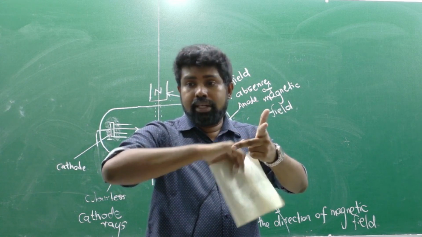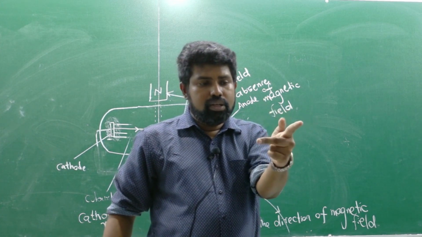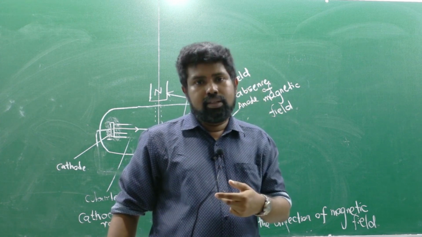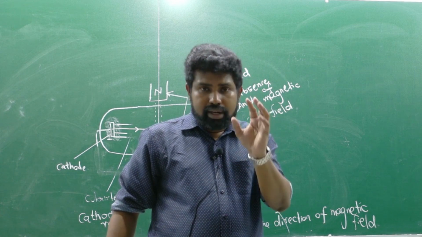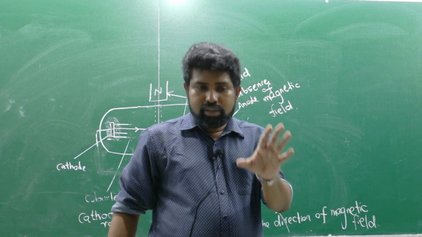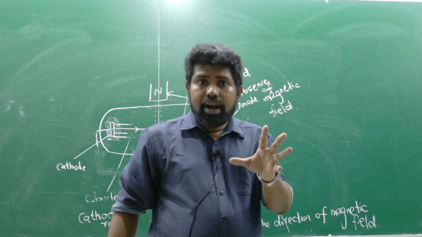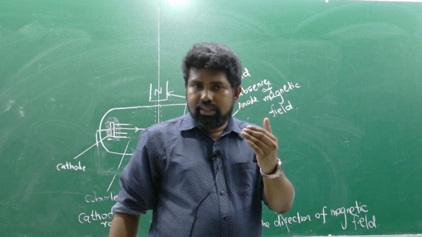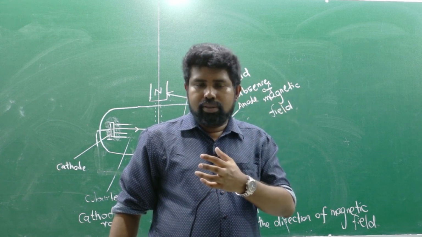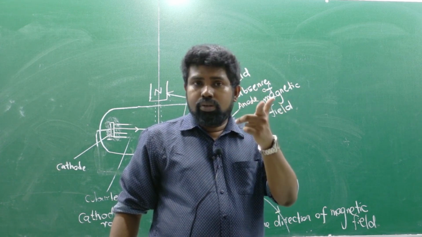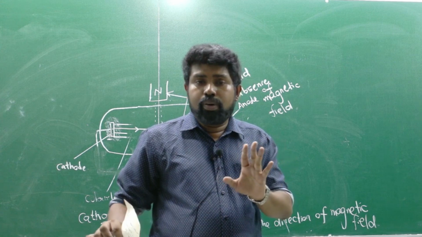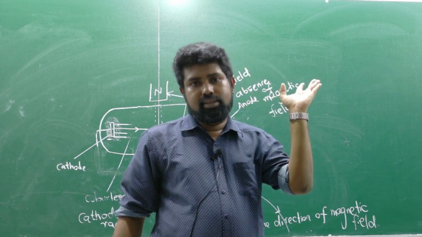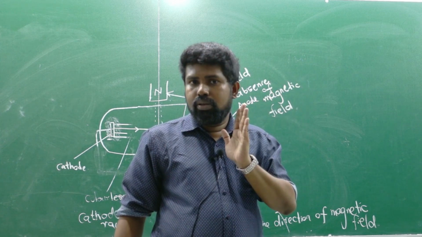If any matter has magnetic properties, it gets attracted to the magnetic poles, like iron to a magnet, because iron has magnetic properties. But here the cathode ray particles are not attracted towards the north pole or south pole; they are deflected in a perpendicular direction.